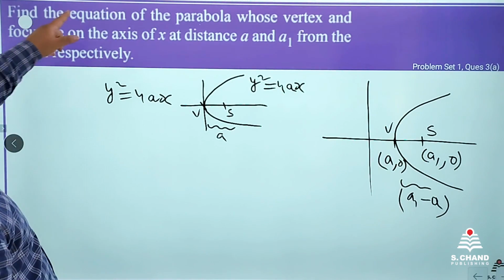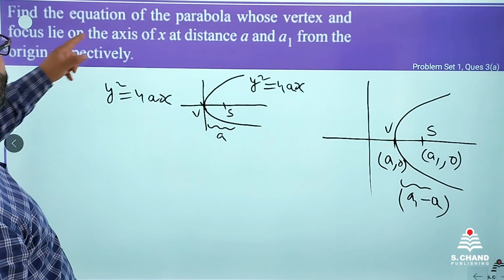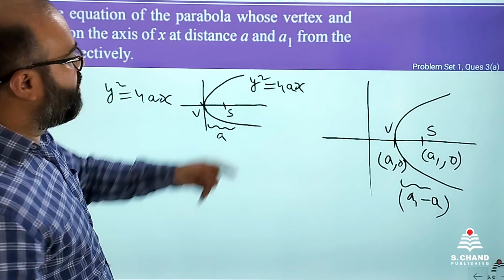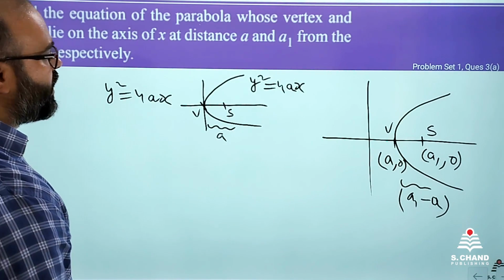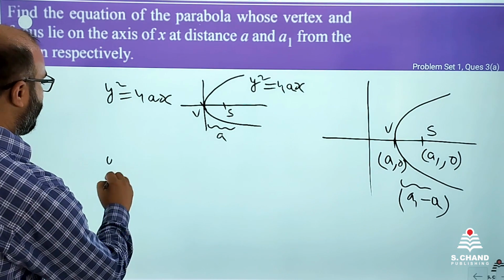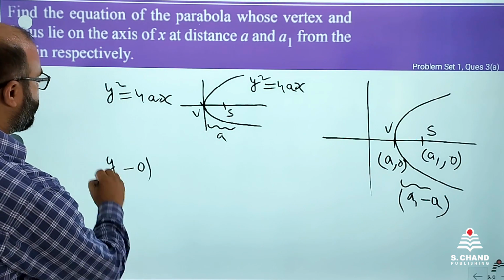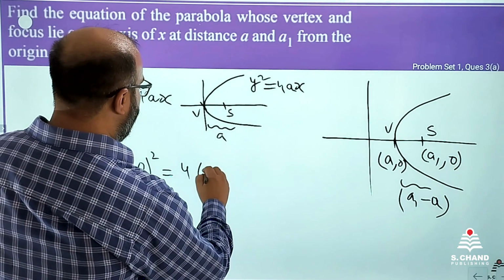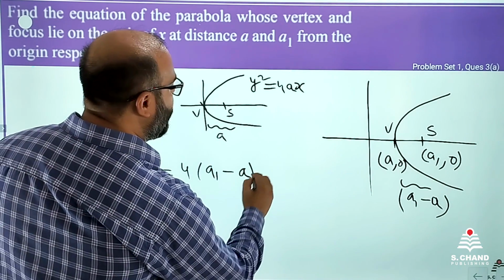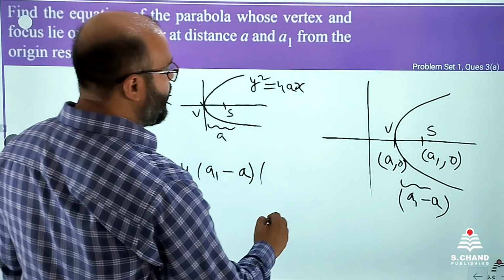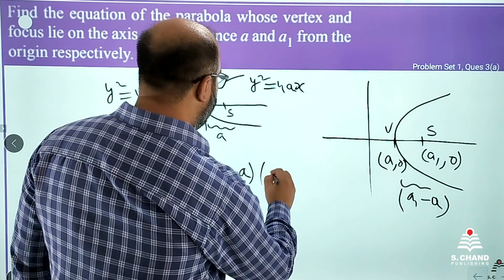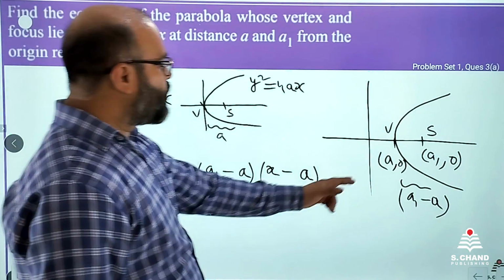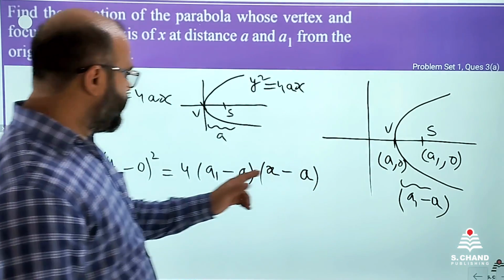As it says, find the equation of the parabola whose vertex and focus lie on the axis of x at distance a and a1 from the origin respectively. So this will become y minus 0 whole square is equal to 4 times a1 minus a, into x minus a, because the x coordinate of the vertex is a, so it has got shifted.